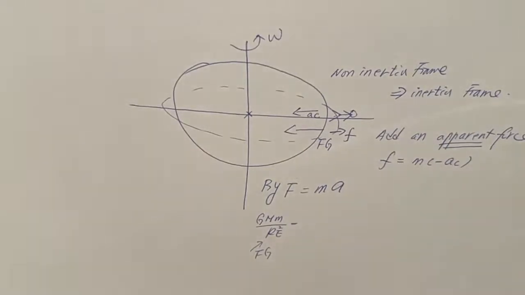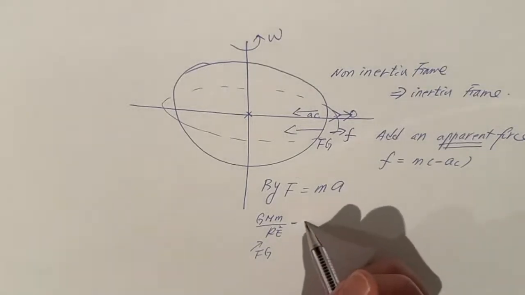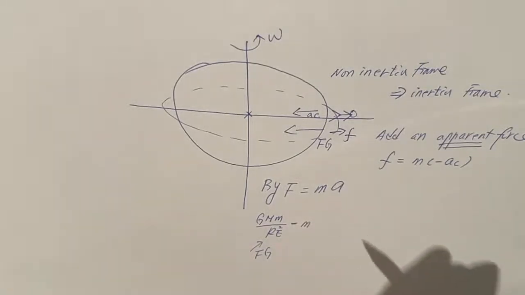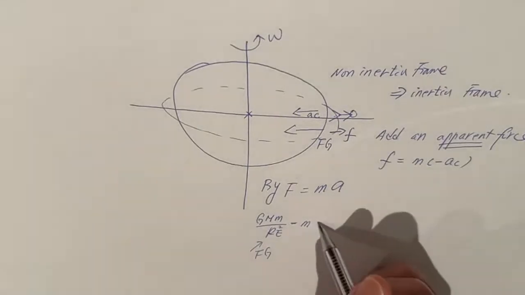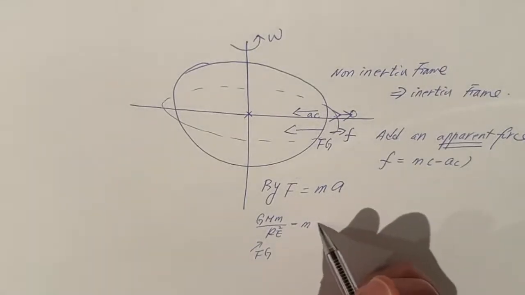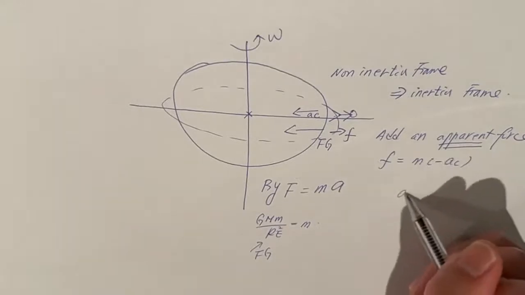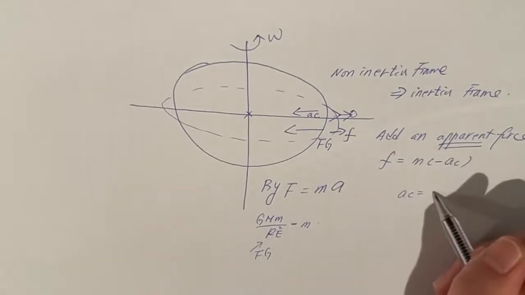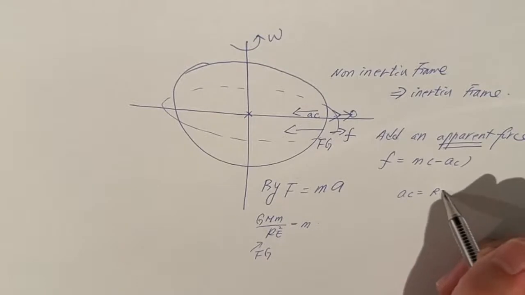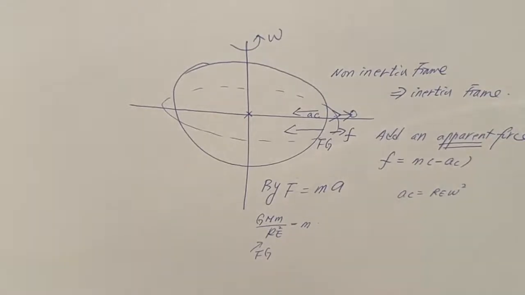Minus a very small force m times the centripetal acceleration. Now remember, the centripetal acceleration is equal to r Earth omega squared, right?